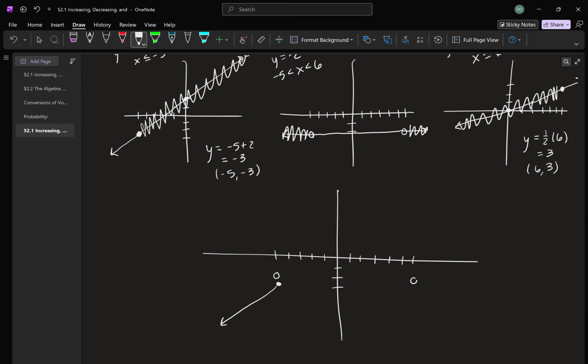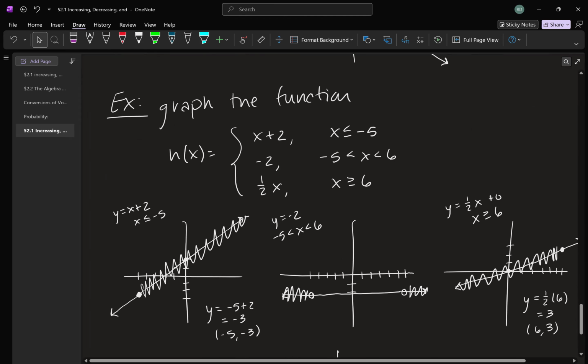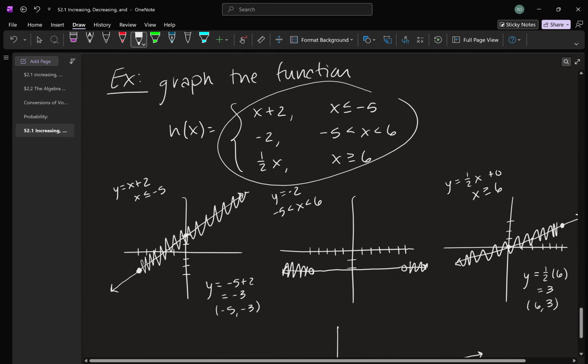I'm just putting all of the pieces I just found on a graph together. And that would be your final answer. You just graphed this piecewise function.